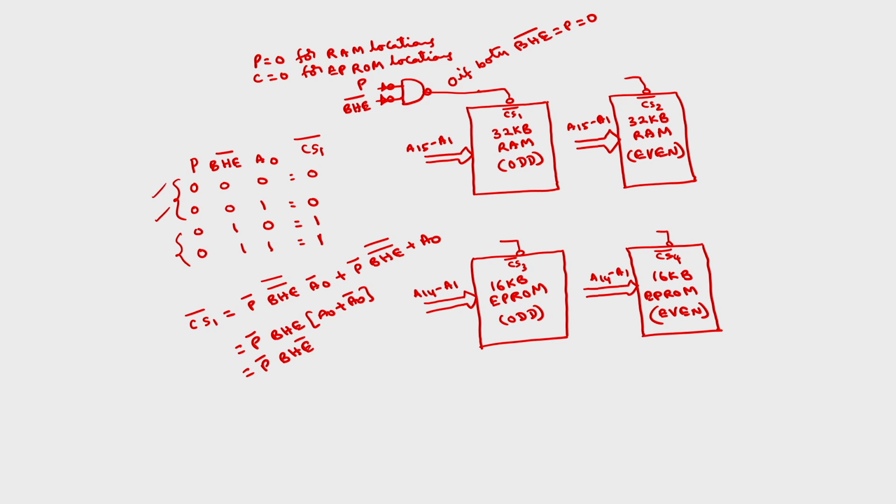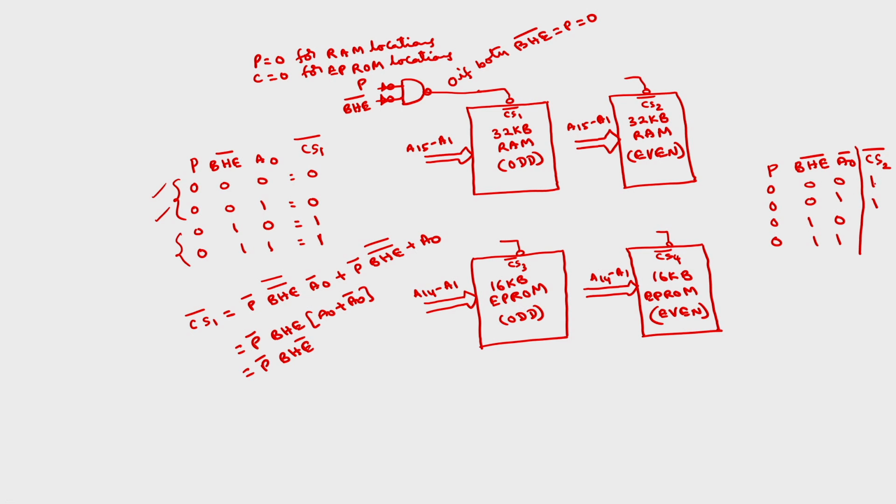Similarly, you can derive the chip select of the even bank. So what will be the chip select of the even bank? For that, RAM only, so P should be 0, BHE bar, A0 bar, CS2 bar. So it should be 0, 0, 0, 0, 1, 1, 0, 1, 1. Bus high enable is 0 means we should not select this chip because this is only the high bank.